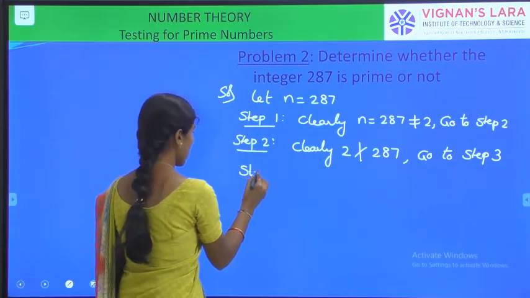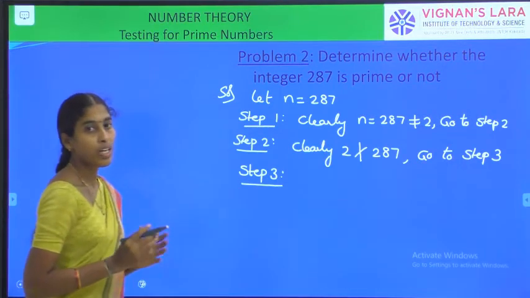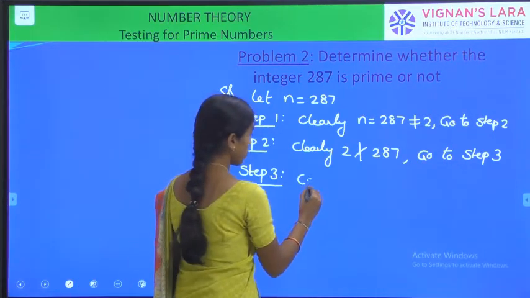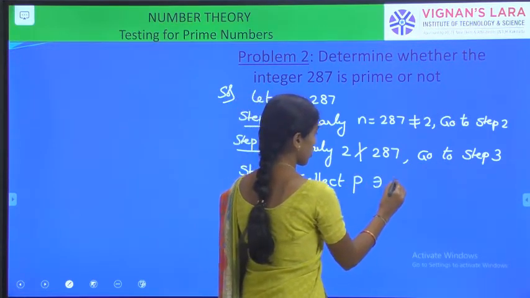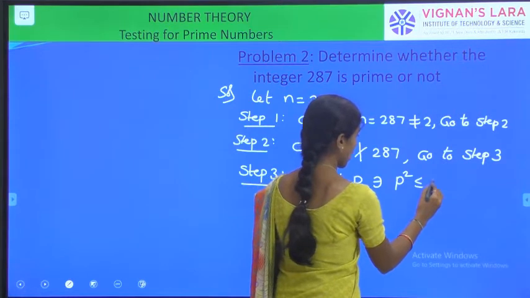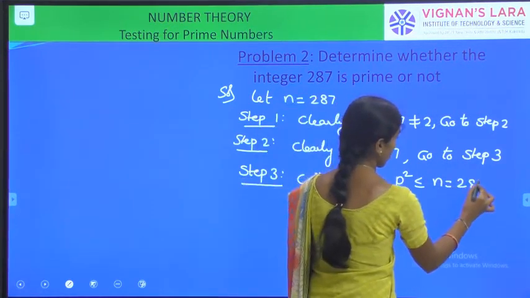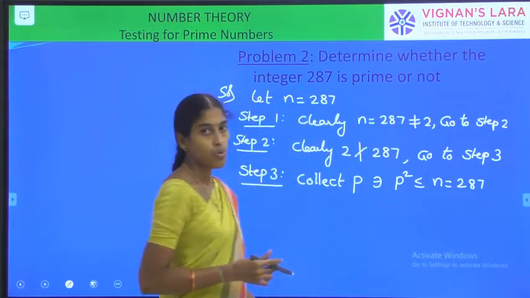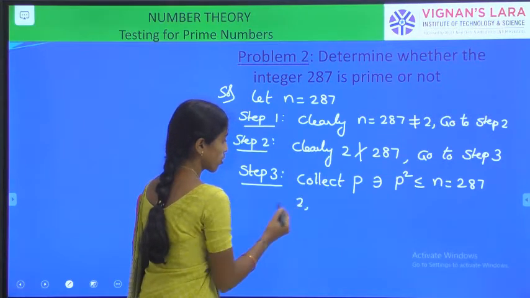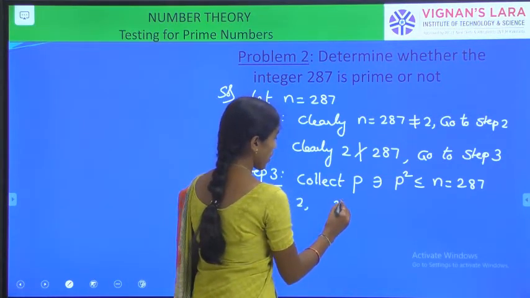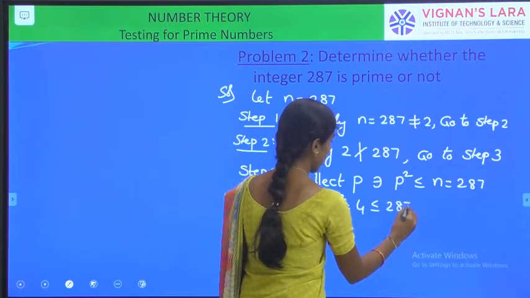In step 3, we have to collect all the prime numbers p such that p square is less than or equal to n. What is the n value here? n is 287. So start with the first prime number, which is 2, because 2 square, 4, is less than 287 clearly.